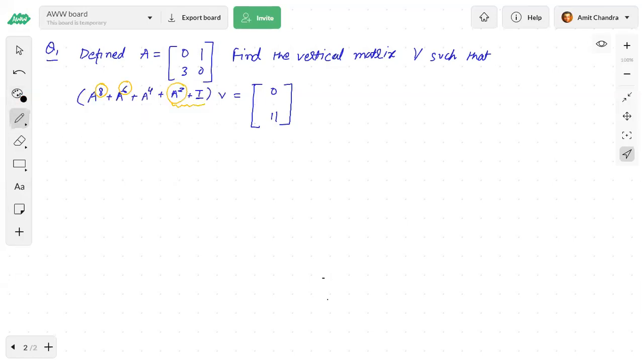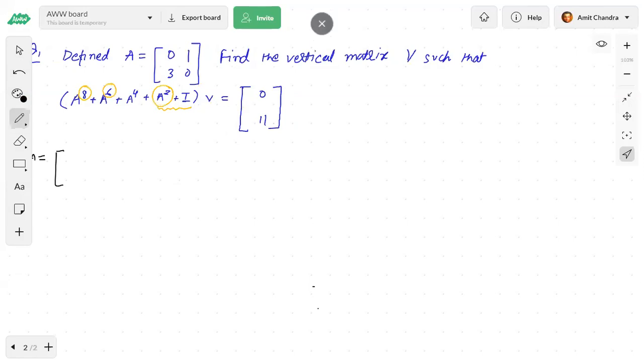Let's see. So you have been given A is equal to 0 1 and 3 0, and you will get a diagonal matrix.